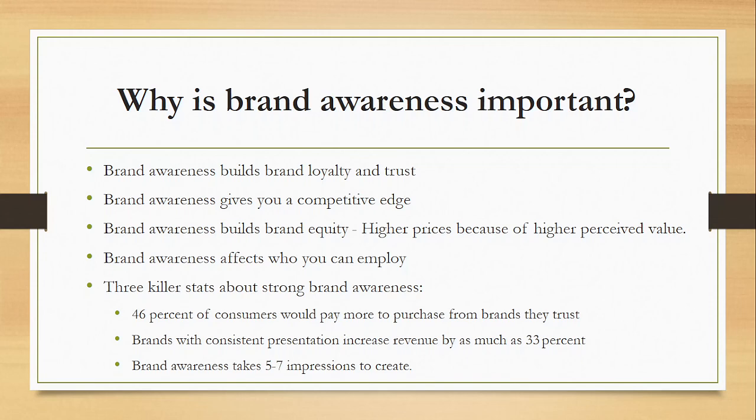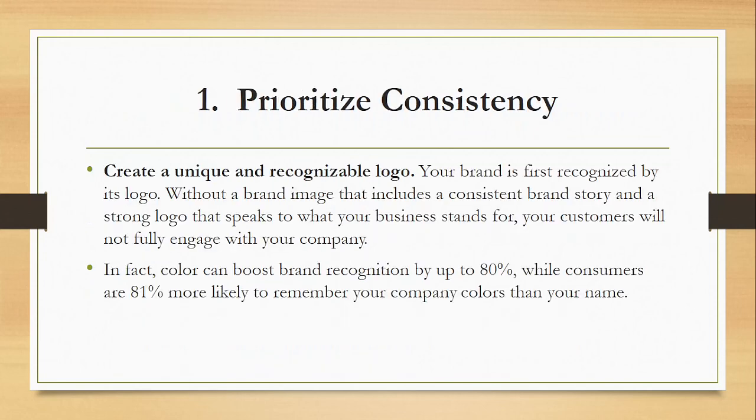So I want us to quickly look at the best strategies that you can use. The first strategy is to prioritize consistency. Prioritizing consistency means being consistent in everything, be it creating images, using colors within your social media platforms, websites or blogs, or using a logo.